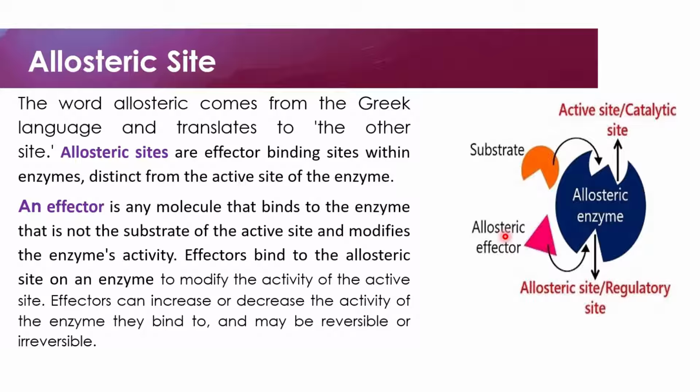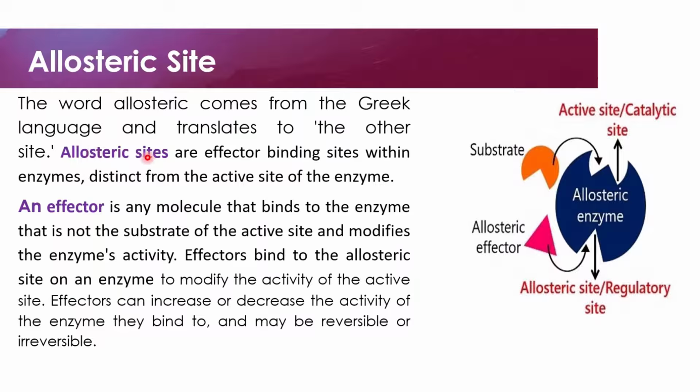And this is our allosteric effector, which can either be an activator or an inhibitor, binding to the allosteric site of the enzyme. So now, what you have to note is that the word allosteric comes from the Greek language and translates to the other side.